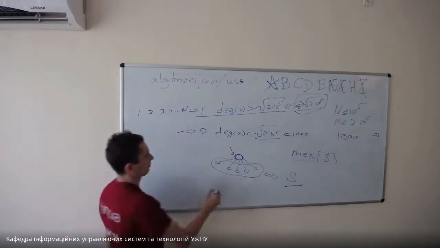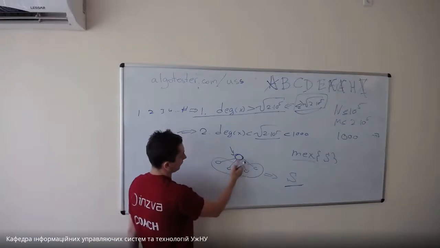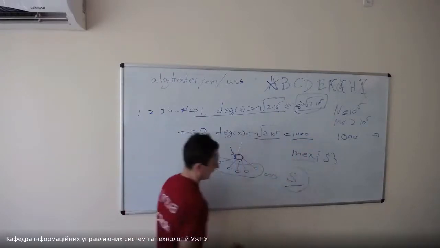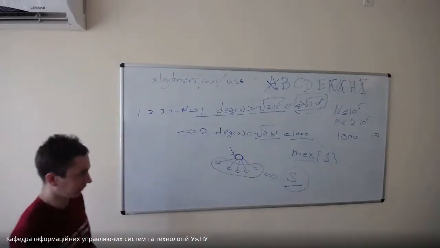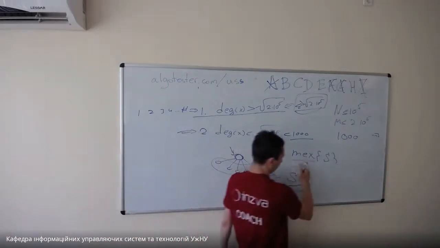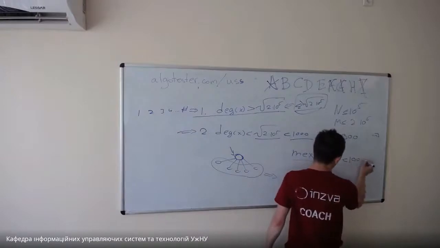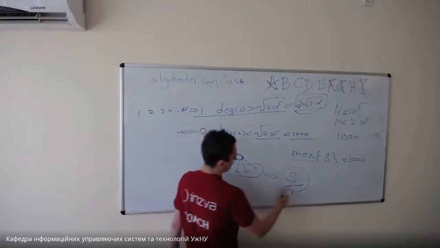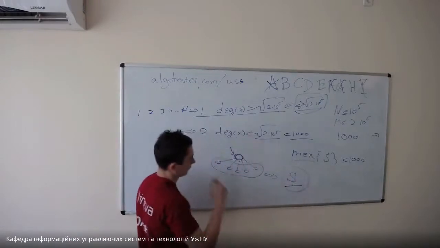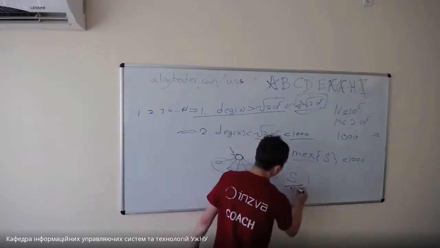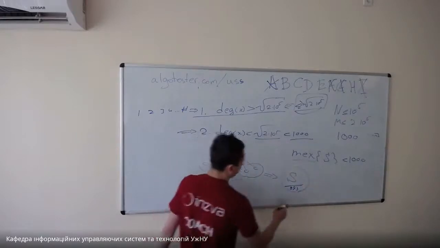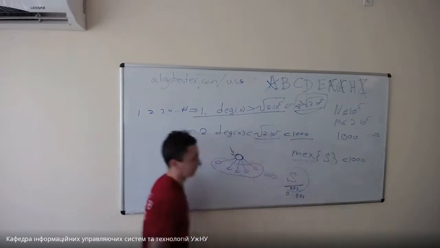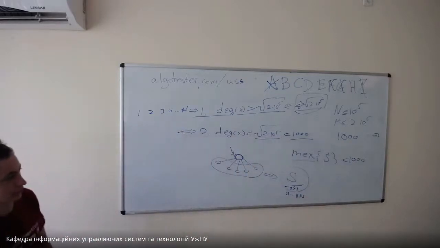We know that the degree of this vertex is less than 1,000, so the number of elements in set S is less than 1,000, and this number is less than 1,000 as well, because if there are 999 numbers in this set S, numbers from 0 to 999, then we just assign 1,000 as well.